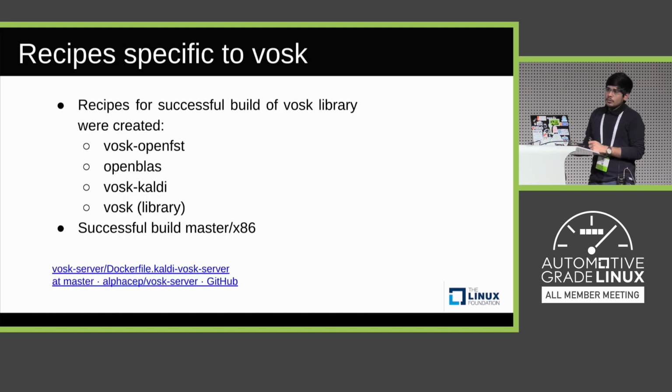To make this work, we created these different recipes: Vosk OpenFST and OpenBLAS. These two are basically mathematics libraries which are necessary for the models to function. Then Kaldi, which is required by the Vosk library, and this library is used by the API and the server.